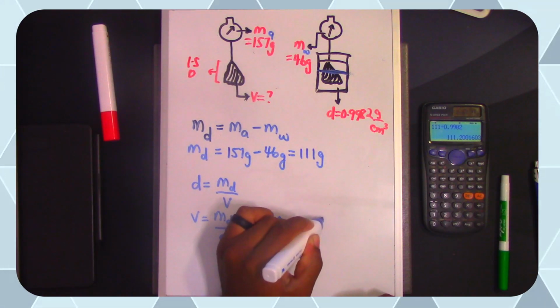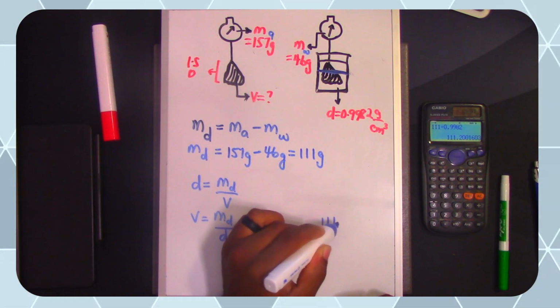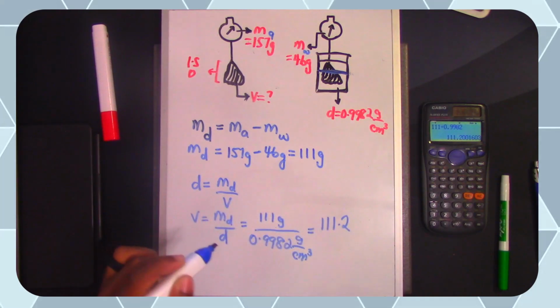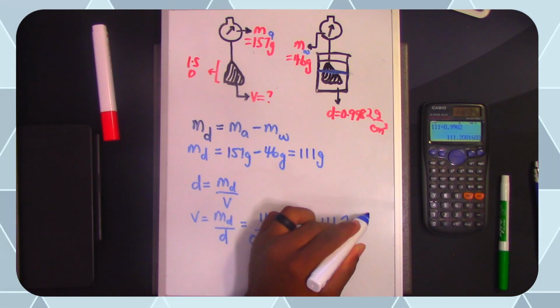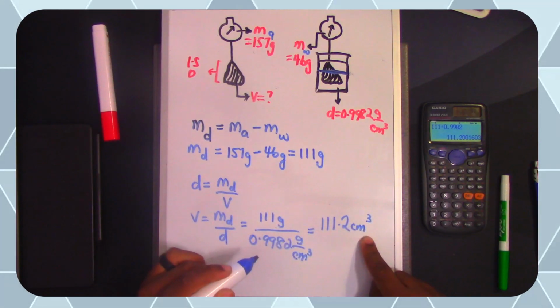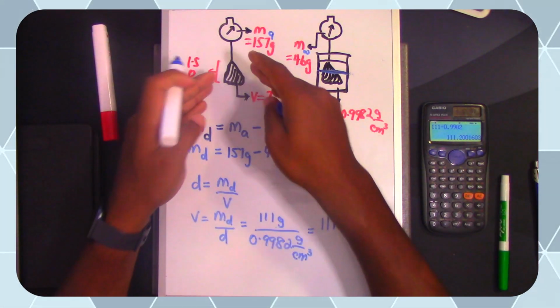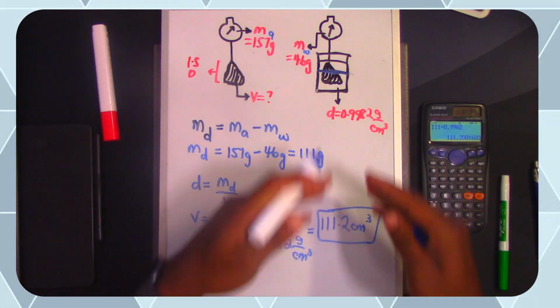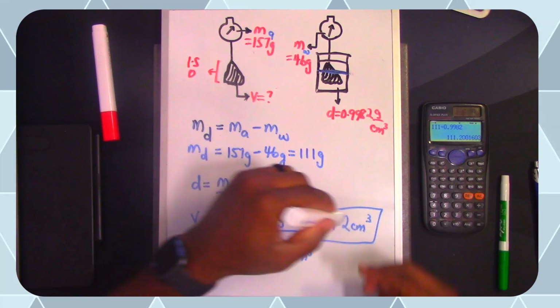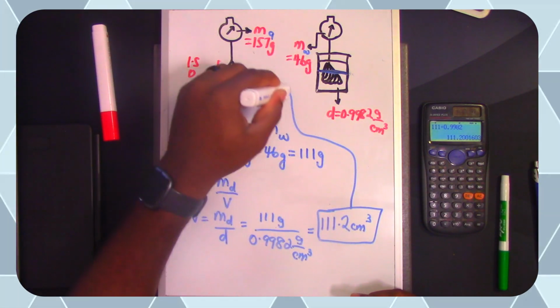And so this is equal to 111.2 what? Centimeter cube. This is the volume of this irregularly shaped object when it is immersed in water, compared to when it is just weighed in air.